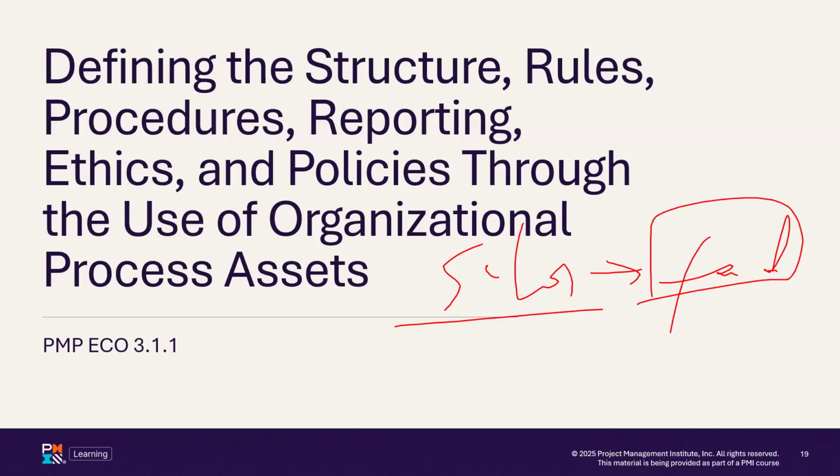Functional structure is if you have a project and it's, for example, the finance department wanting to have in place some ERP system to streamline the operation, then it is a finance project because it was initiated by the head of finance. That project will happen within the finance department.